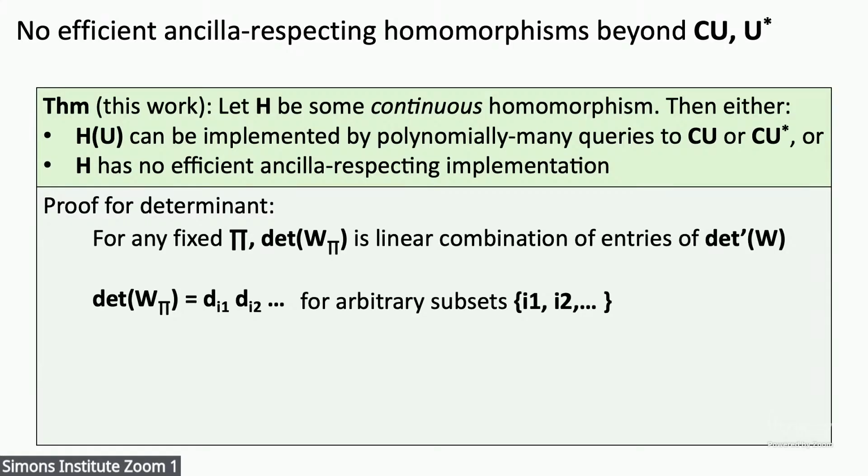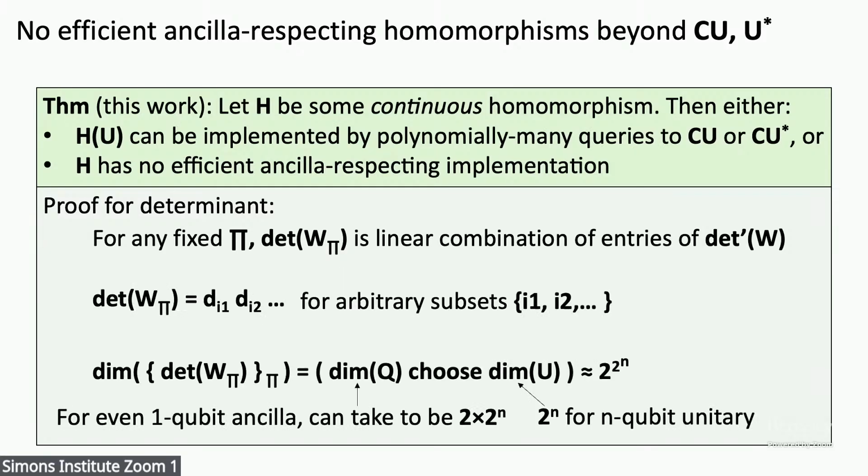So det W pi is just the product of some subset of my diagonal entries. And by varying pi, I can actually get any subset I want here. So for any subset that I want of the diagonal entries, I can put that subset in the upper left corner by choosing pi appropriately, and then I can take the determinant to get the product of those things.